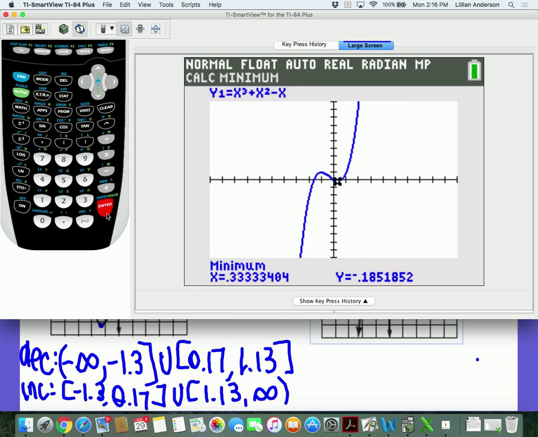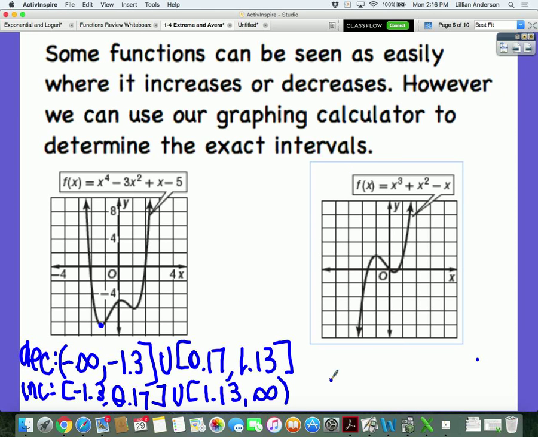I found my minimum to be 0.33. Okay. So my minimum is located at 0.33. Where was my max located? -1. So what's happening before -1?